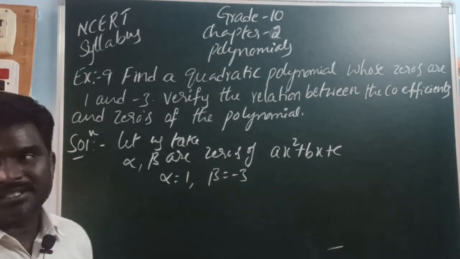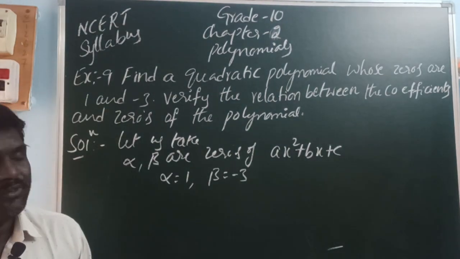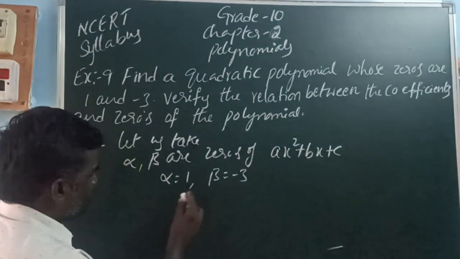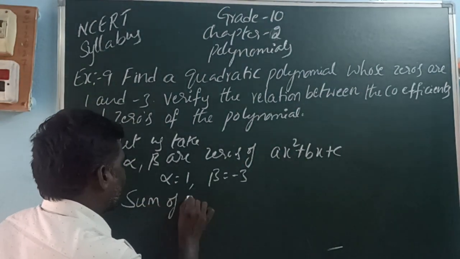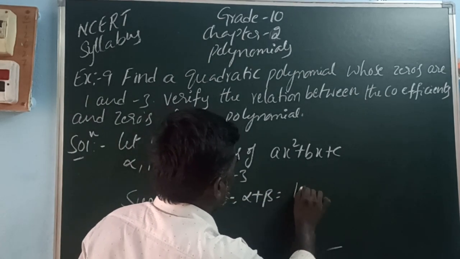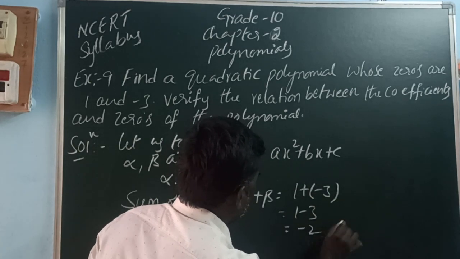Here we know that the quadratic polynomial is x square minus (alpha plus beta) into x plus alpha beta. First find the sum of the zeros. Sum of zeros, alpha plus beta, is equal to 1 plus minus 3, that is minus 2.